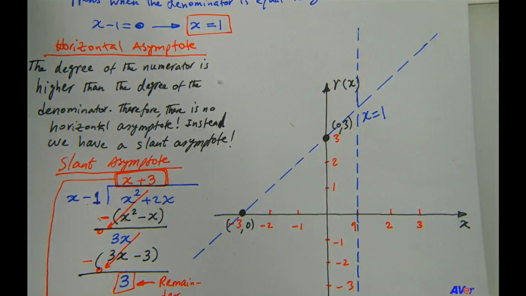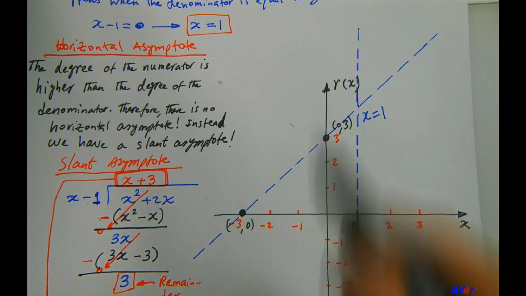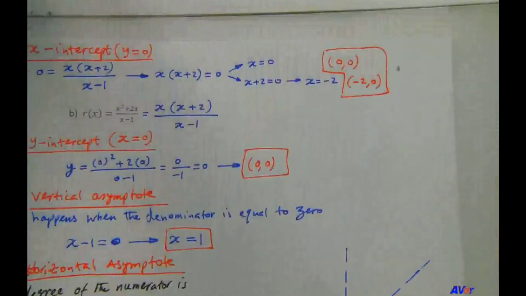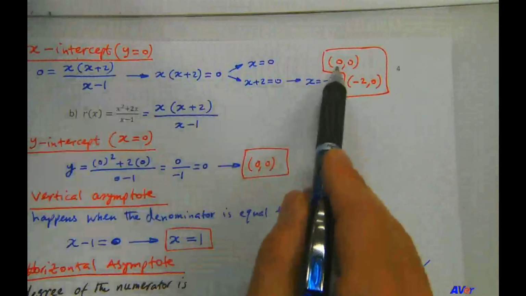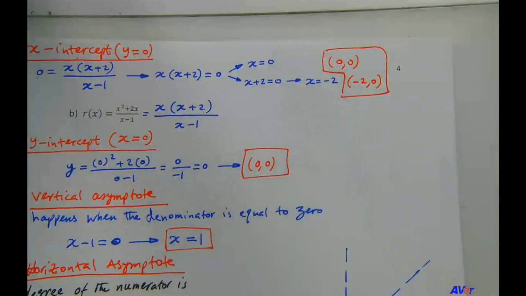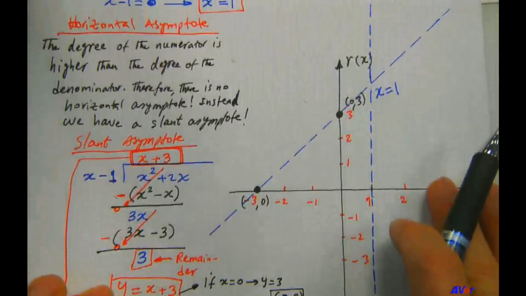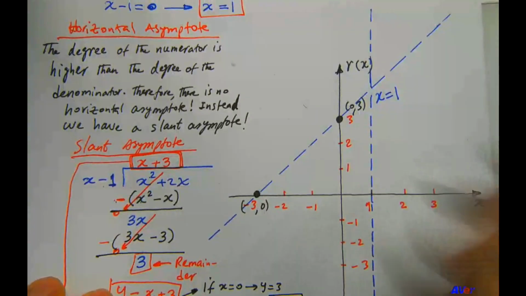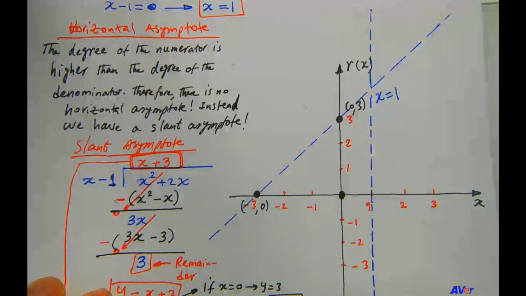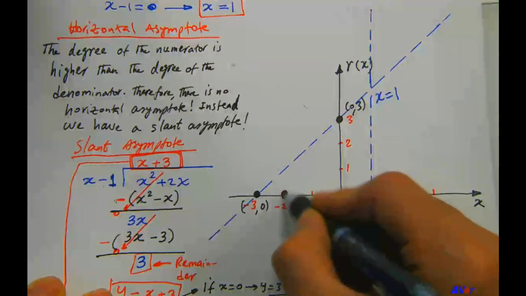Now let's find where the x and y intercepts are. So the x-intercepts were at 0, 0 and negative 2, 0, right? Let's plot those. 0, 0 is very easy. It's right there. That's 0, 0. And also negative 2, 0 would be right there.